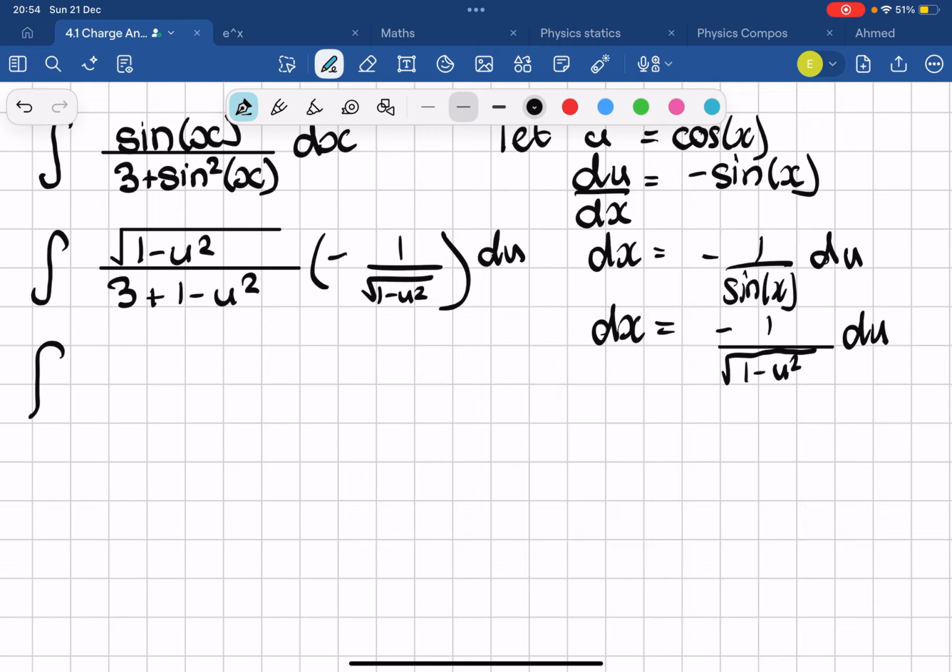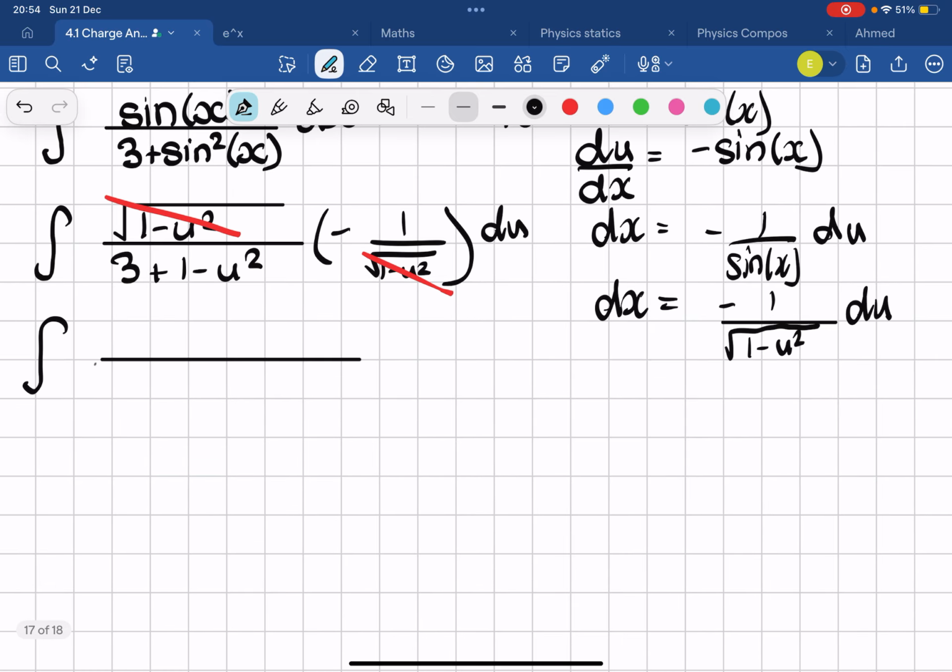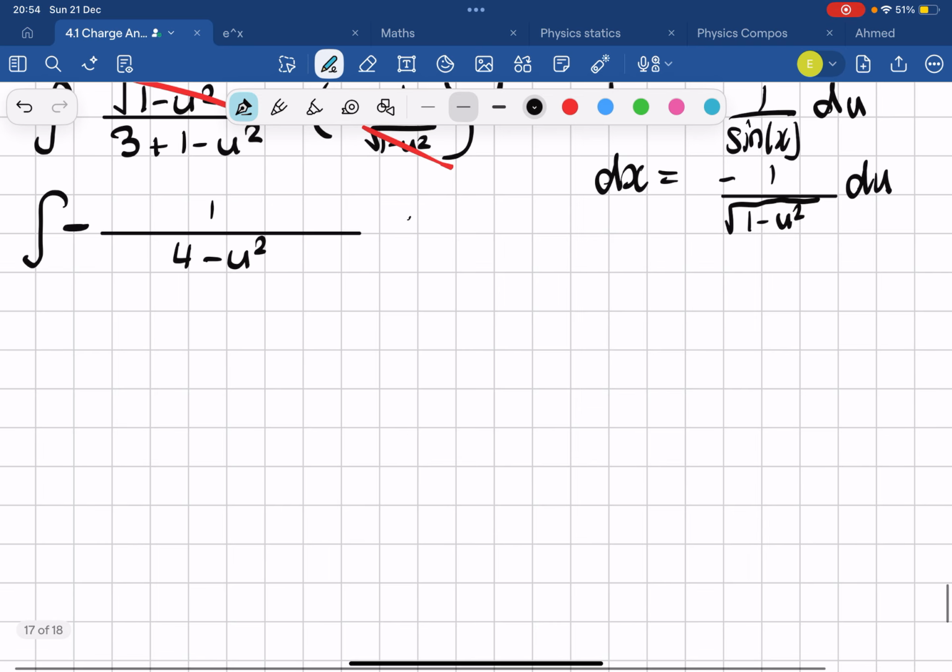Now let's start simplifying. So we know immediately that these two sets just cancel. So we're left with minus 1 over 4 minus u squared du. Alright, we've made a lot of progress now.